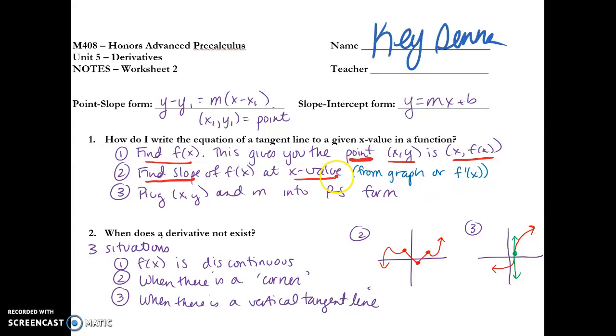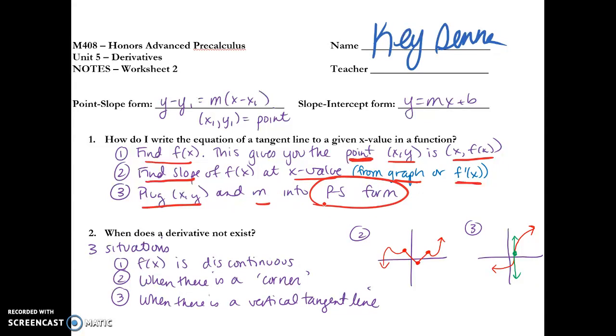We can figure this out two ways. One, if we have a graph that is linear, we can get the slope just from looking at the graph. The other way is like we learned yesterday, where we use the equation of f prime of x and plug the x value in. Lastly, once we have the point from the original function and the slope from the derivative function, we plug this point and that slope into point-slope form.